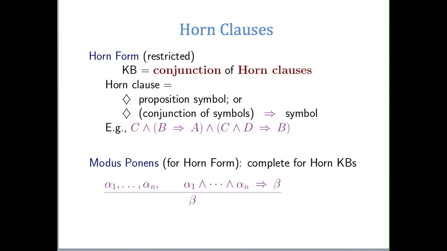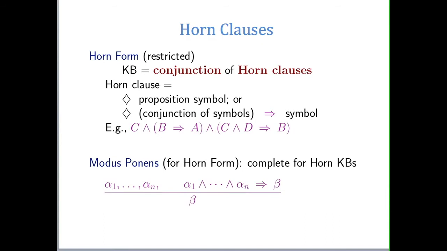So it's either a single symbol or a conjunction of symbols that implies a single symbol. For instance, a knowledge base that's a conjunction of Horn clauses might be the symbol C, which is a single proposition symbol, and B implies A, and C and D implies B.